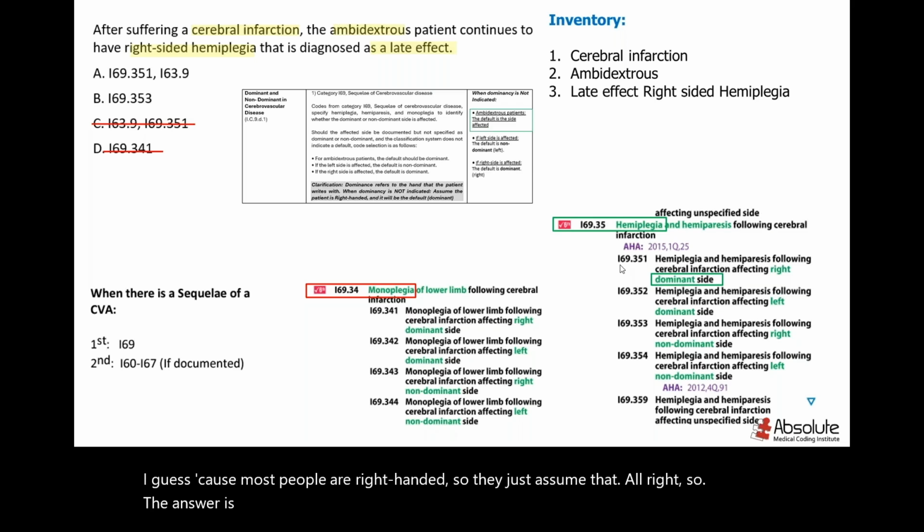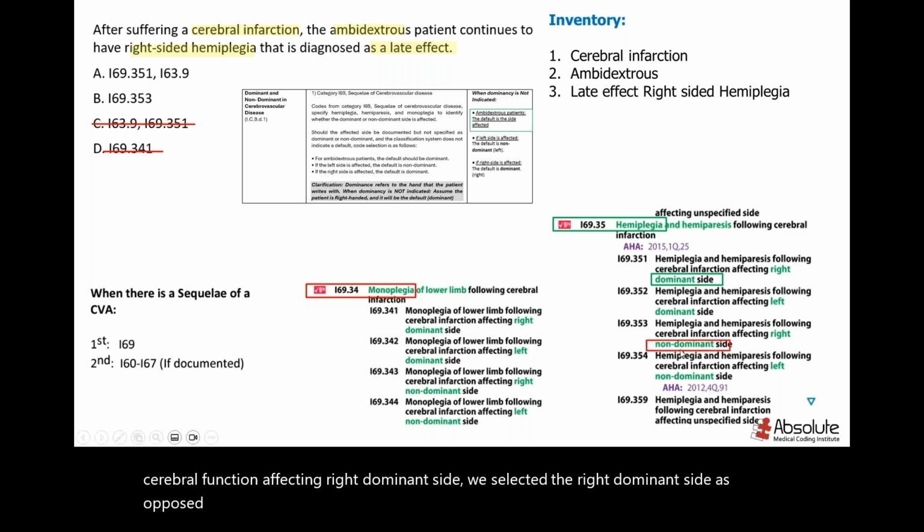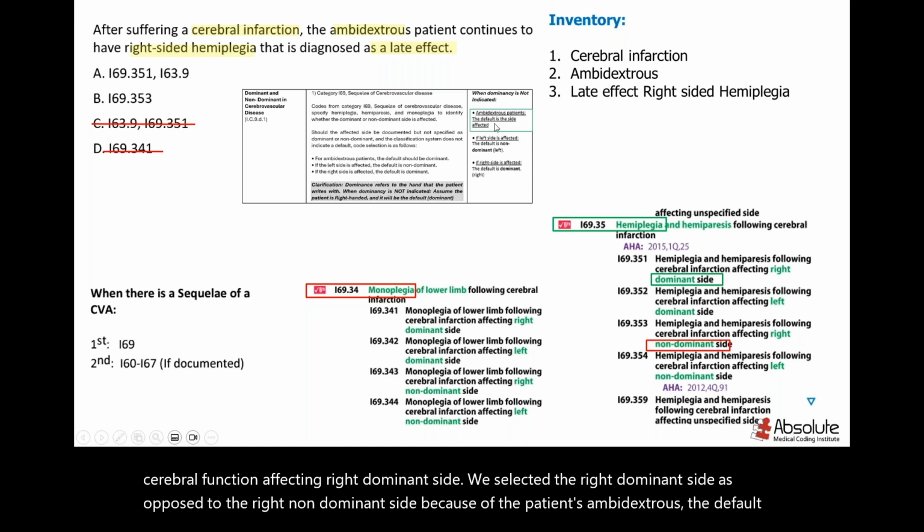And let's go ahead and look at I69.351. Hemiplegia and hemiparesis following cerebral infarction affecting right dominant side. We selected the right dominant side as opposed to the right non-dominant side because if the patient's ambidextrous, the default is the side that's affected.